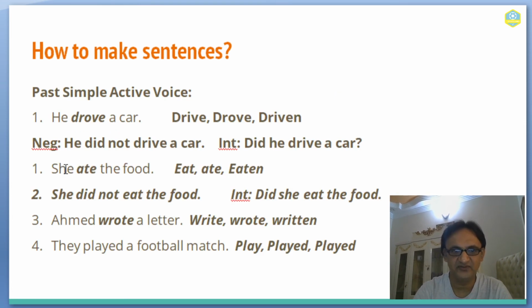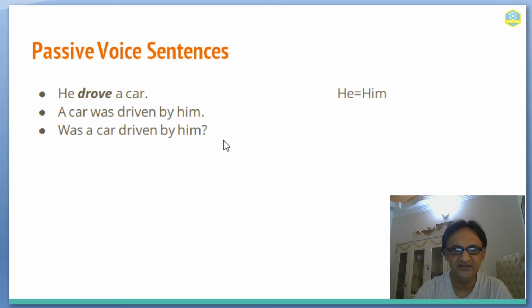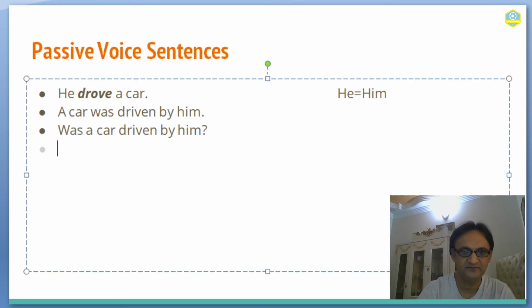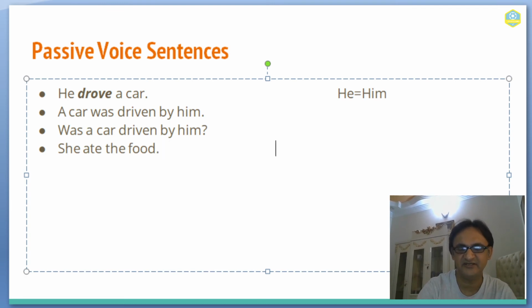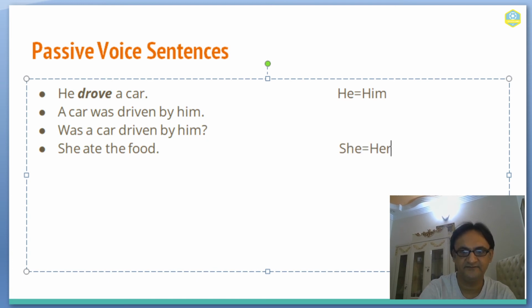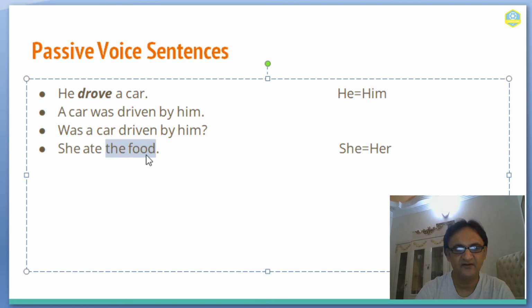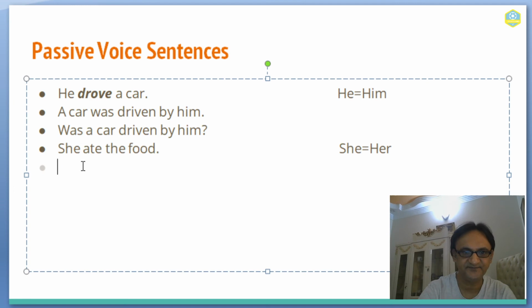Second sentence: she ate the food. We'll make the full stop here. So subject she will be changed into her. Now let's do this part. Objective will come first.